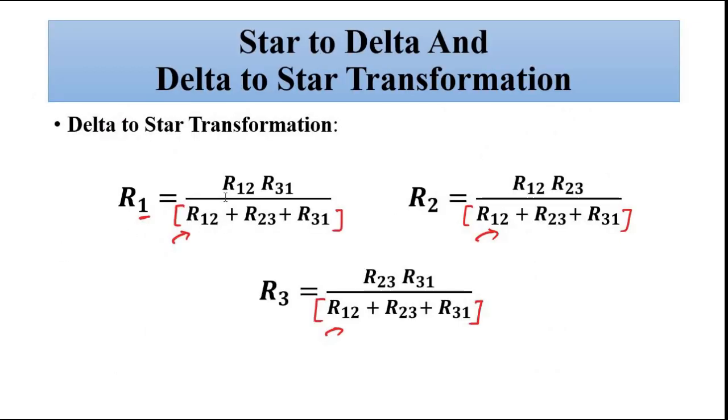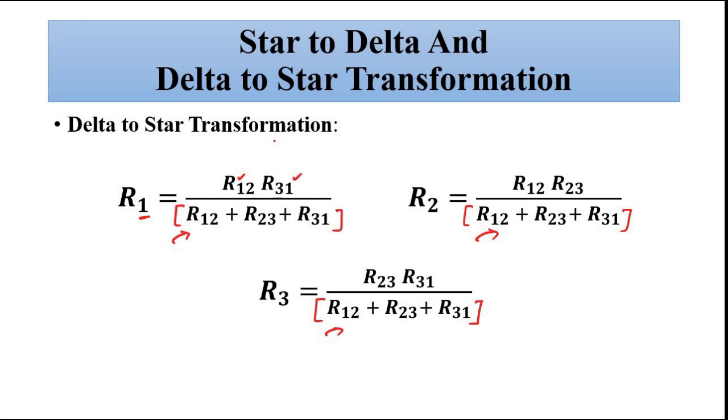So in R1 we have the resistance values of delta where there is a 1 in it. So here it is R12, the resistor connected between points 1 and 2, and R31, the resistor connected between points 3 and 1. So R12 and R31, this one thing is common.